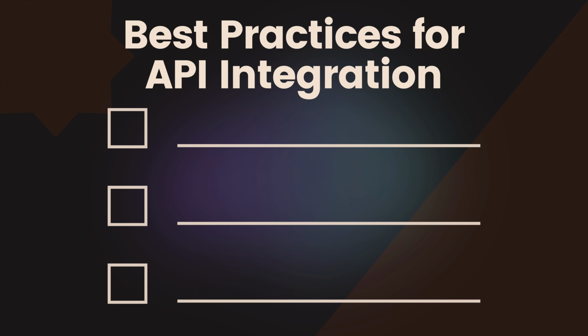To ensure successful API integrations, keep these best practices in mind. Error handling. Always anticipate potential failures when interacting with external APIs. For example, implement retry logic with exponential backoff for failed requests or provide fallback content to maintain a seamless user experience.